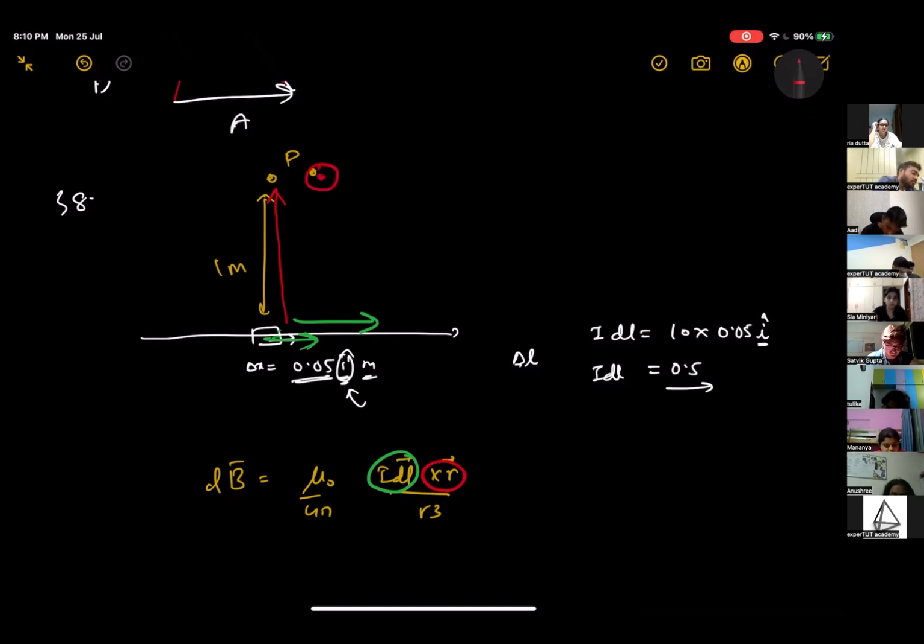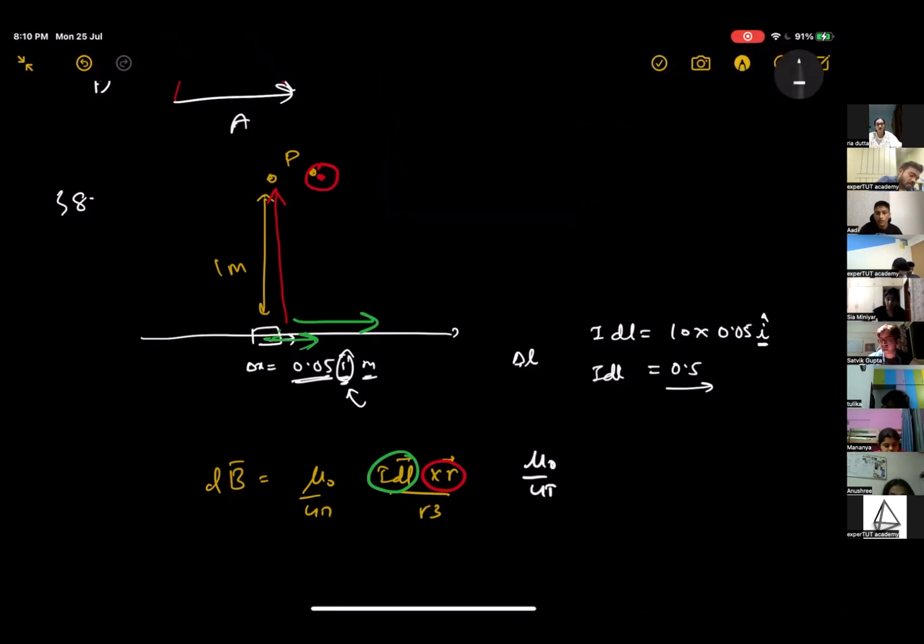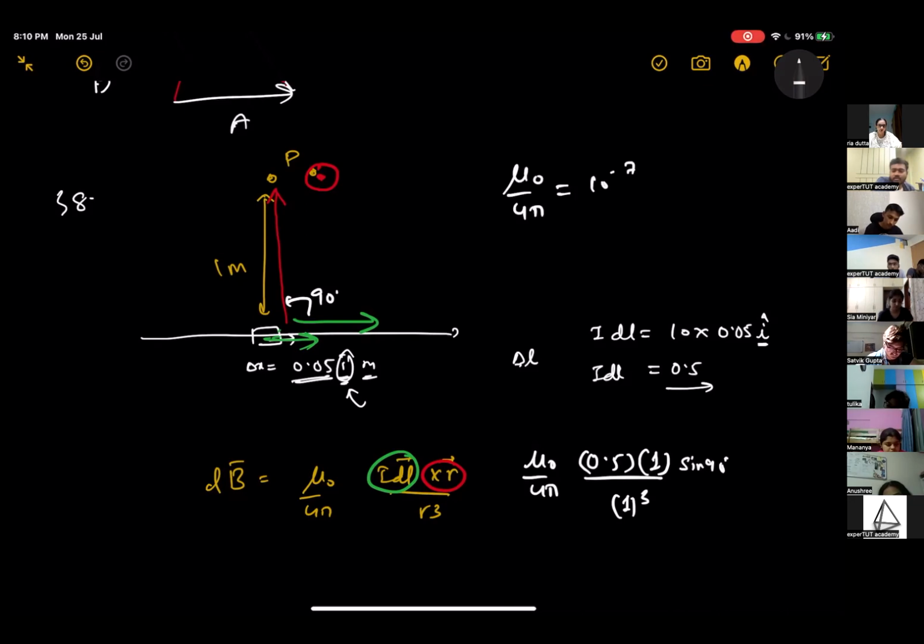And how much is the value of this? The value is mu naught by 4 pi. The angle between I dL and r is 90 degrees, so it is I dL sin 90. The value of I dL is 0.5, and r is 1 meter. I dL cross r divided by r cube, sin 90 divided by r cube, which is 1 cubed. And you should also know that mu naught by 4 pi is 10 power minus 7 in SI units.